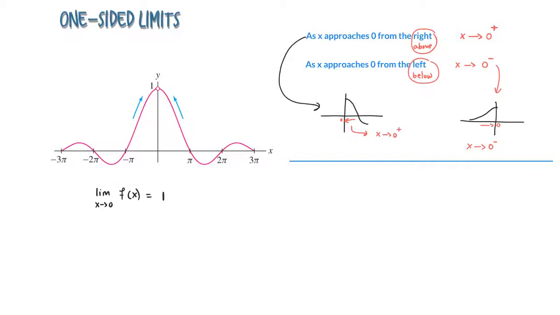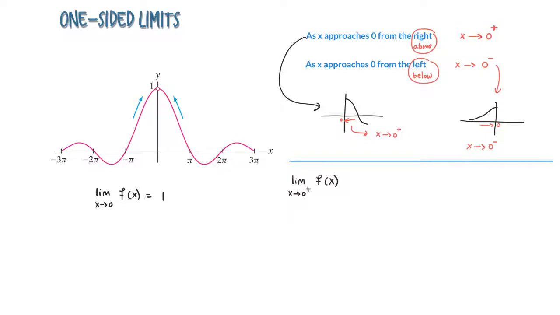So now that I have a way to talk about approaching 0 from the right and approaching 0 from the left, I can talk about the limit as x approaches 0 from the right. For example, imagine that I write the following expression: the limit as x approaches 0 from the right of my function f of x.